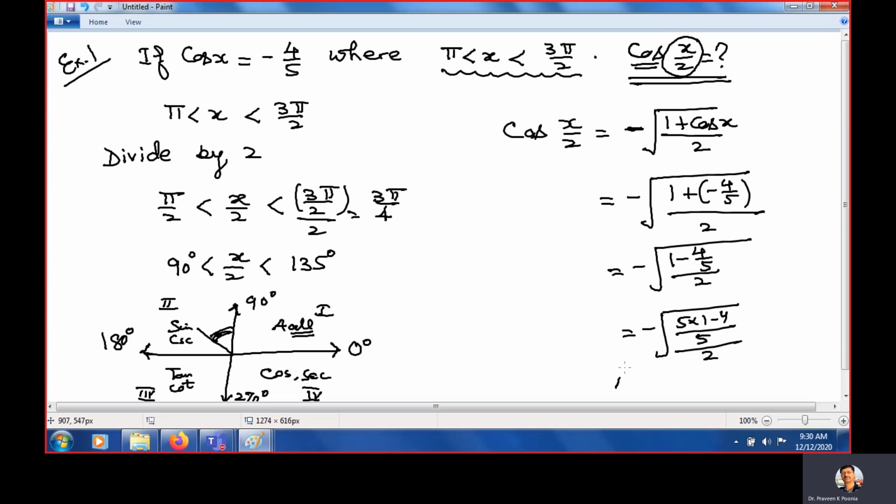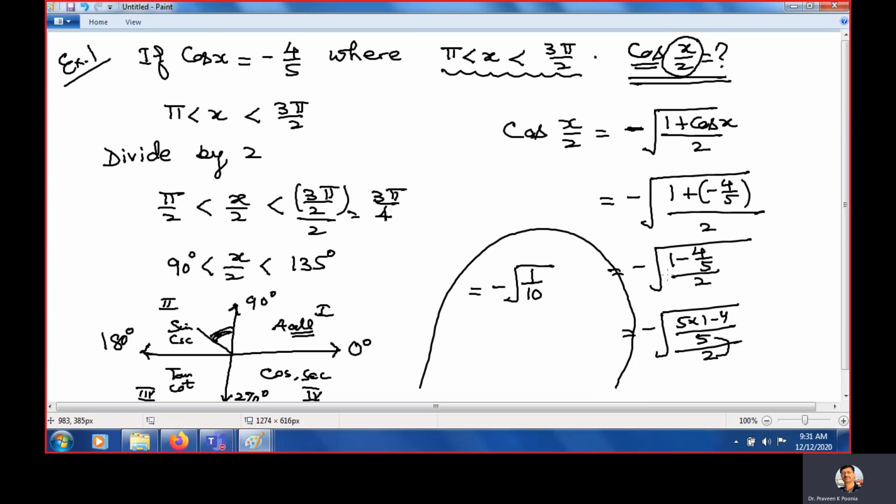This will be equal to 1 upon 5 times 2. So it is minus square root of 1 upon 10. Clear? Because 5 minus 4 is 1, and 5 times 2 is multiplied. So minus square root of 1 upon 10 is the answer.